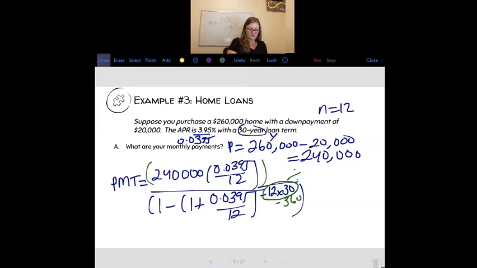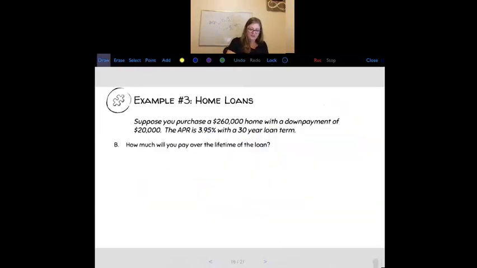So 240,000 over 0.0395 divided by 12, divided by 1 minus 1 plus 0.0395 divided by 12 raised to the negative 360. We're going to round this to the nearest cent. Our monthly payment is $1,138.89.